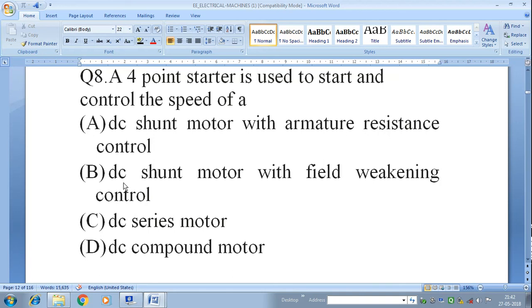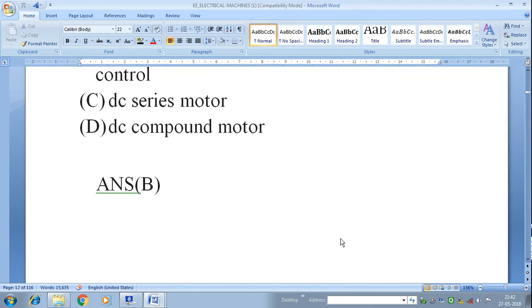Therefore, it is only applicable to DC shunt motor with field weakening control. This is the best suitable answer. So answer B is the correct answer. So let us see the next question.